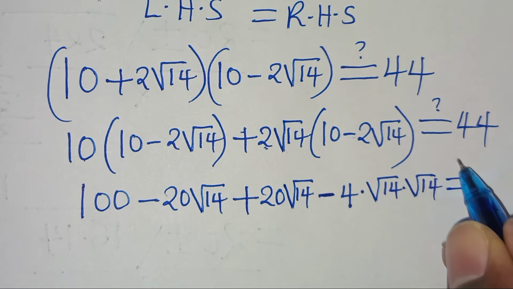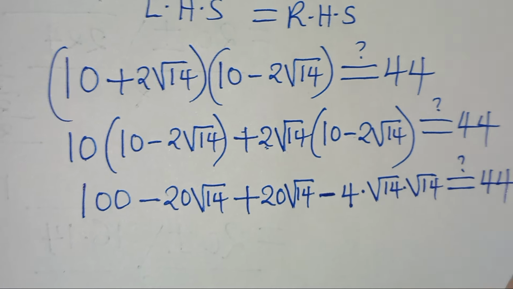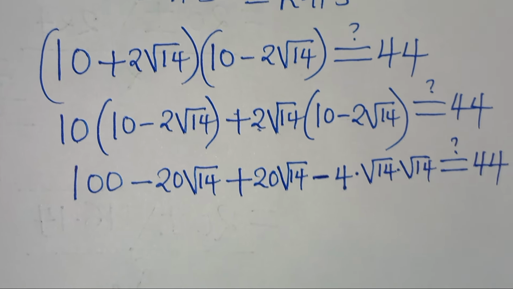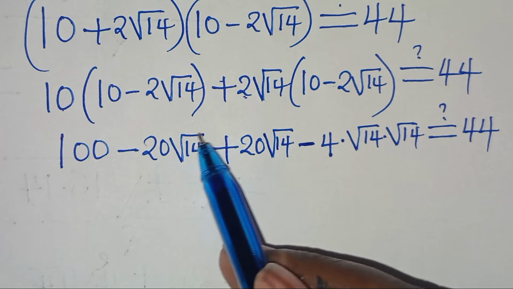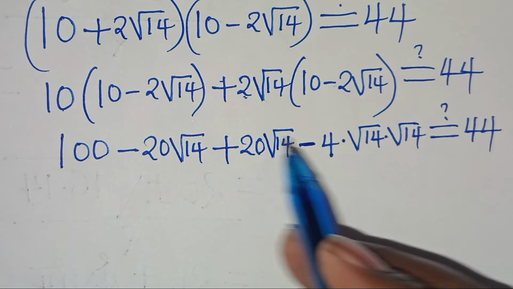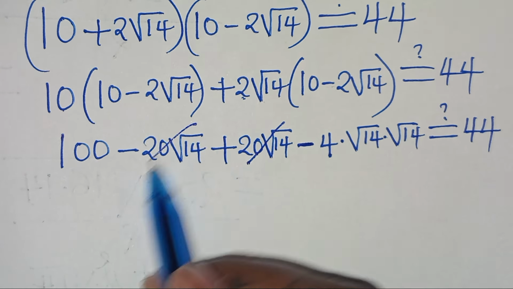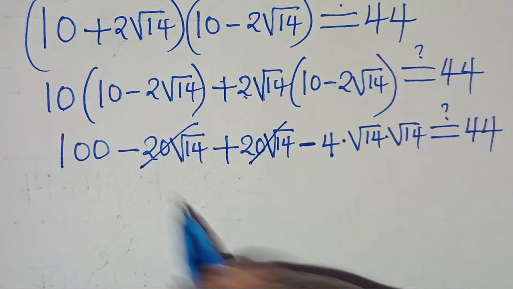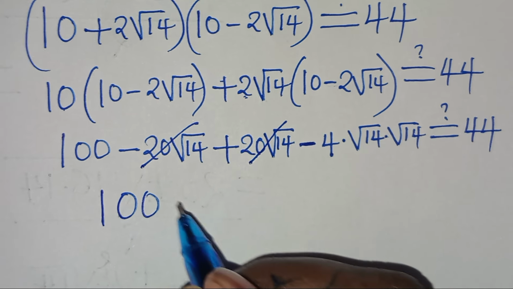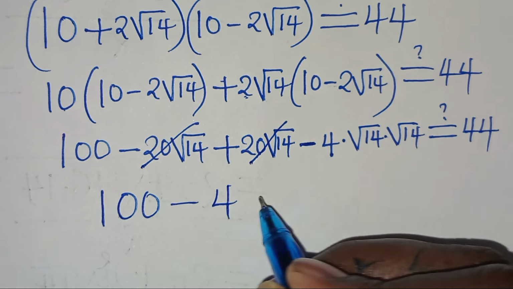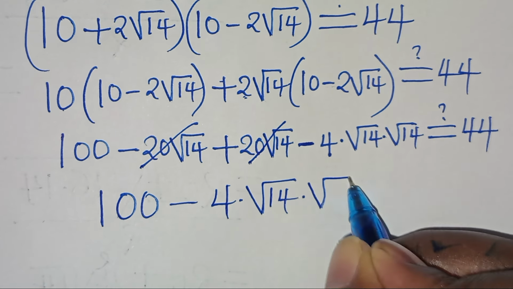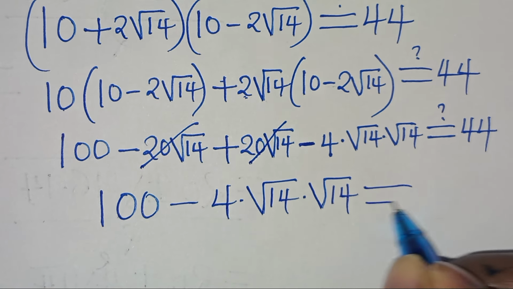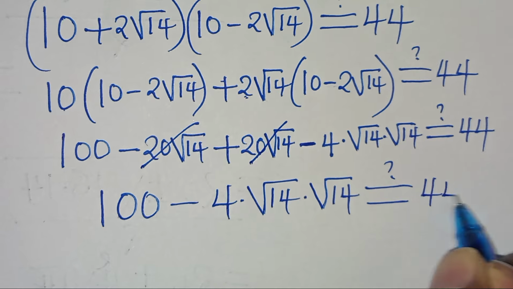This should give us a value of 44. Okay. So we have minus 20 square root of 14 plus 20 square root of 14. So essentially this simplifies so that we have 100 minus 4 multiplied by square root of 14 times square root of 14. This is supposed to give us a value of 44.